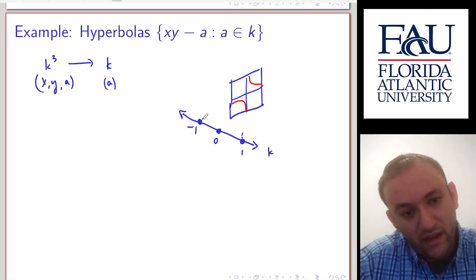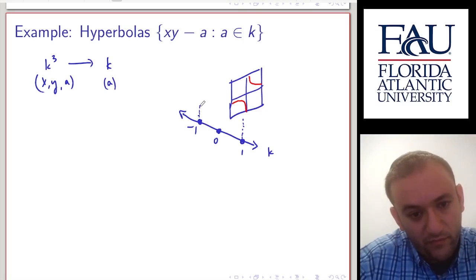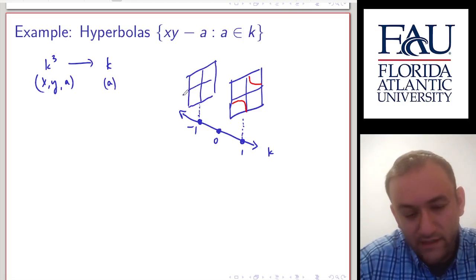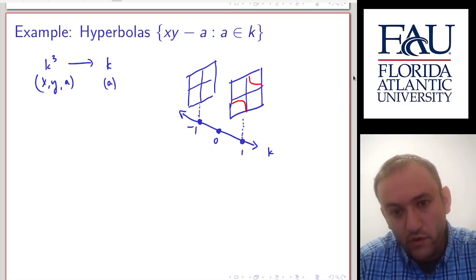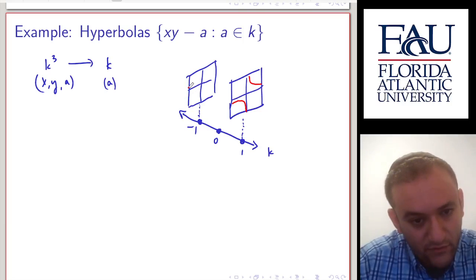Sitting above -1, we have a slightly different looking hyperbola. Now it's xy equals -1, so we're going to sit in different quadrants.